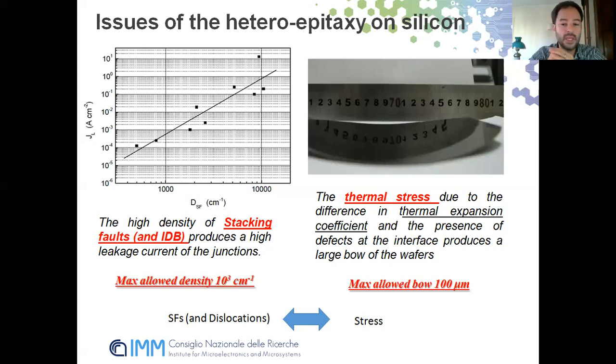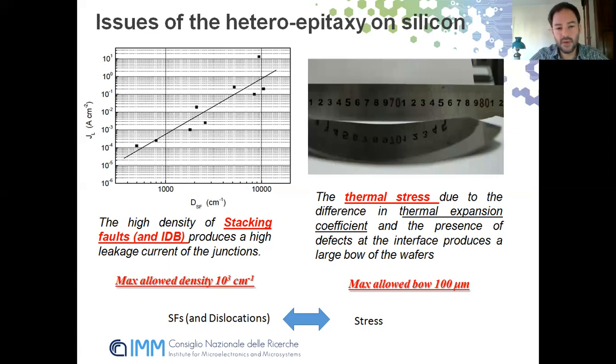But the two materials have a difference in thermal expansion coefficients. This means that silicon carbide contracts more than the silicon, and then the wafer can bend. The maximum allowed bend is 100 microns. Instead, in some wafers, the bend could be very high and could even break the wafer.